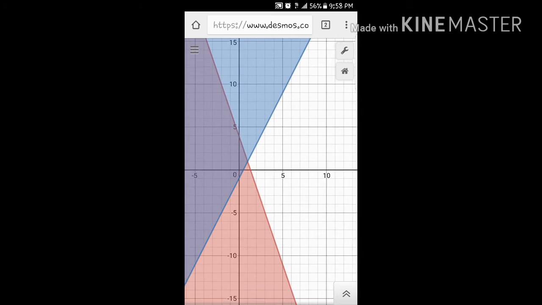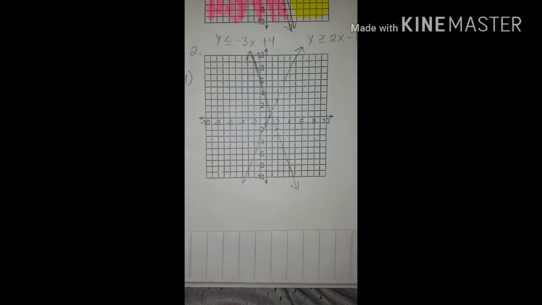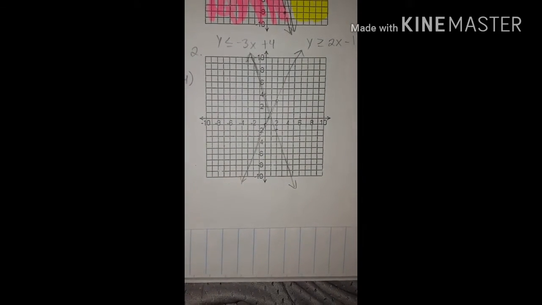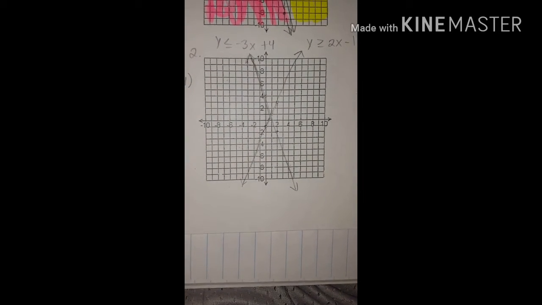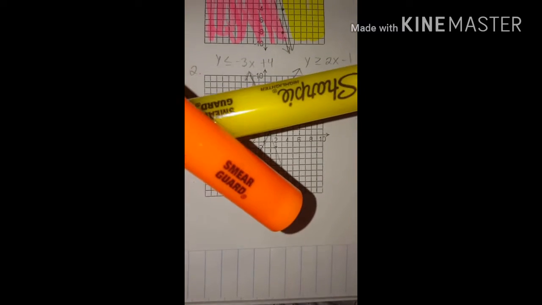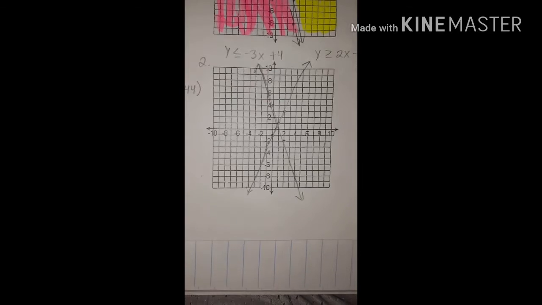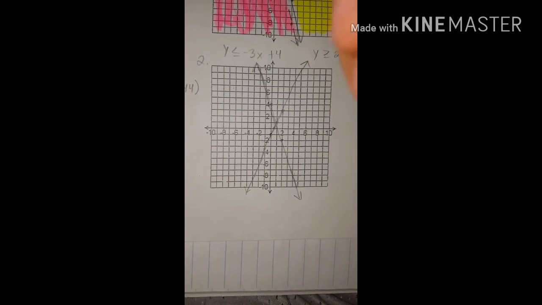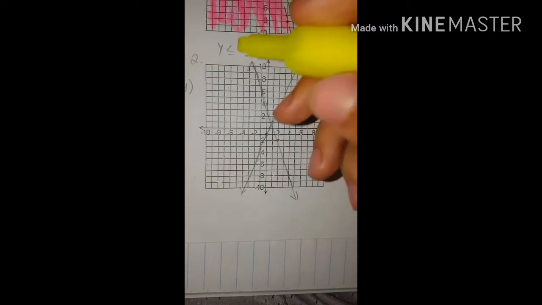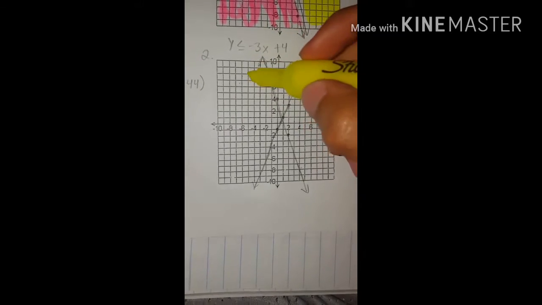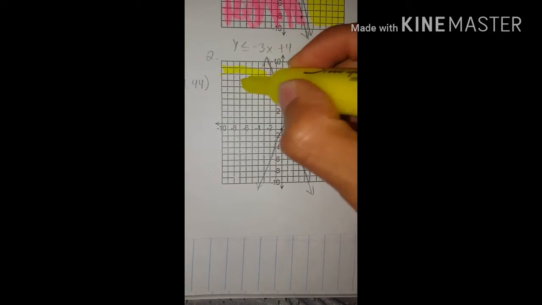Alright, so we're back on the graphing paper. We have to get 2 highlighters, different colors, and then we start shading. The first one I'm gonna shade with this one. Start shading.